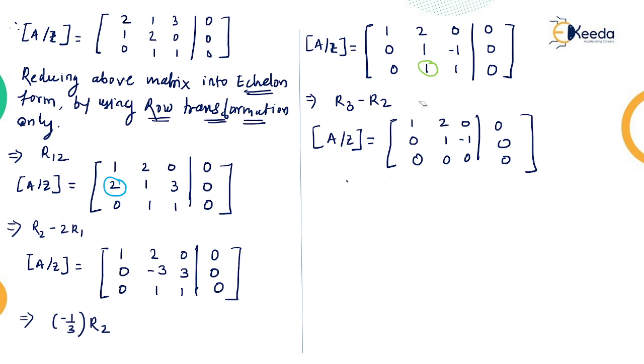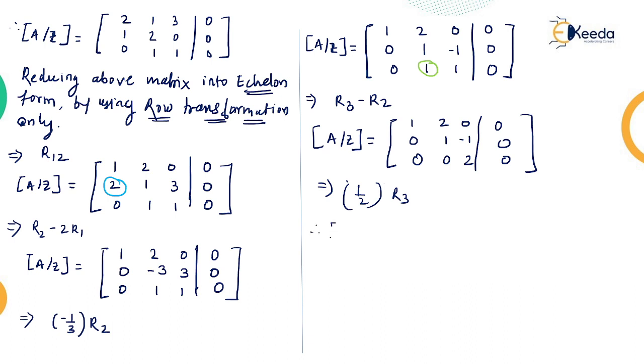If we perform the row transformation R3 minus R2, nothing changes in the first and second rows, but the third row changes: 1 and minus 1 becomes 2, and 0. Now we also multiply row R3 by 1 divided by 2, so the last element should be 1.